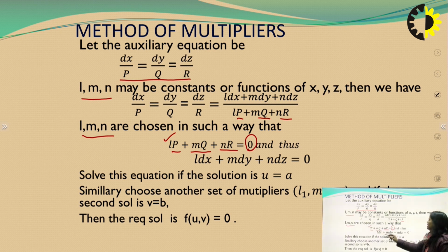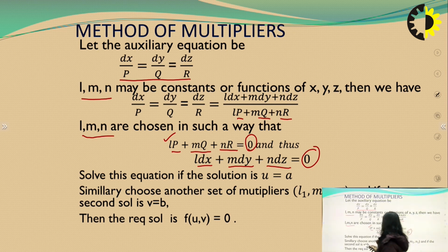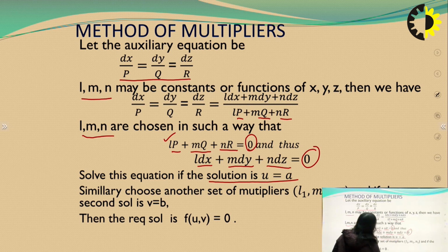And thus L dx plus M dy plus N dz also turns out to be equal to 0. When we solve this equation, we will get the solution as u equal to some constant.